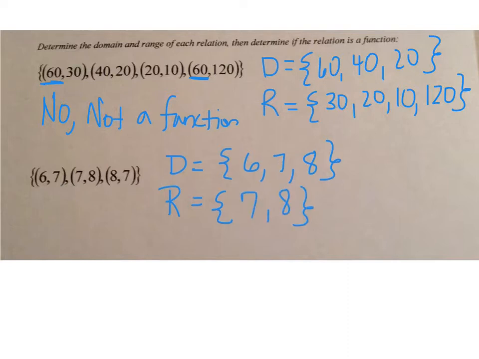Now, when I look at 6, 7, 8, there are no repeated values in the first coordinates. The x values, there's no repeated x value, so this is a function. So yes, it is a function.